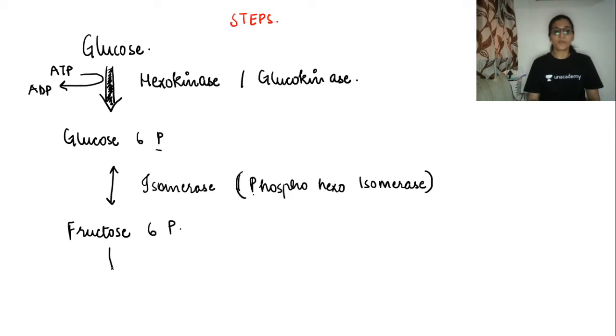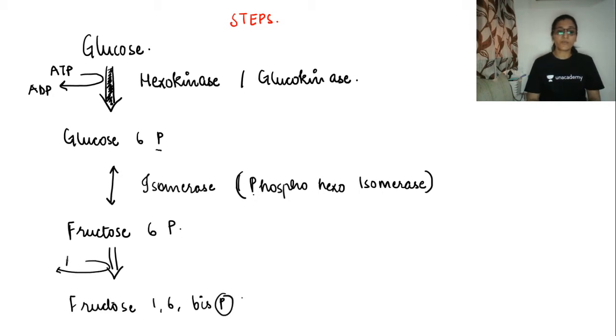Now, from fructose 6-phosphate, there will be formation of fructose 1,6-bisphosphate. In this step there will be expenditure of energy because one more phosphate is getting attached to the fructose.